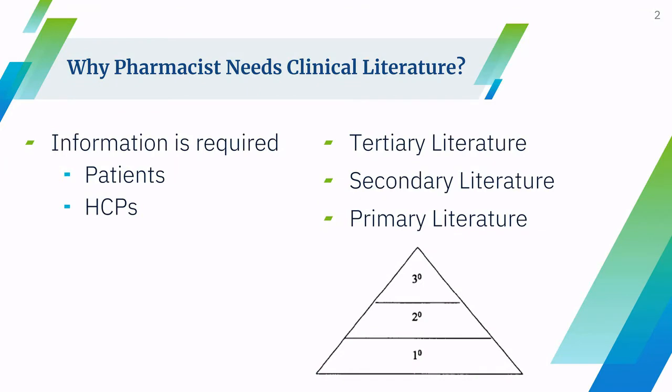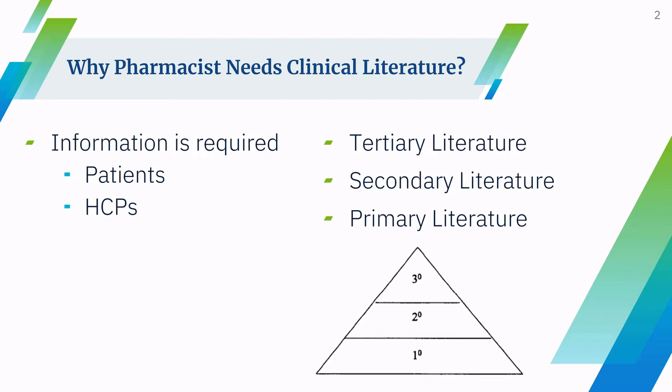Can you recall why we need clinical literature? Let me briefly revise: pharmacists are relied upon to answer drug information requests for patients and healthcare professionals. In addition, the pharmacist is expected to provide the response in an efficient and timely manner.